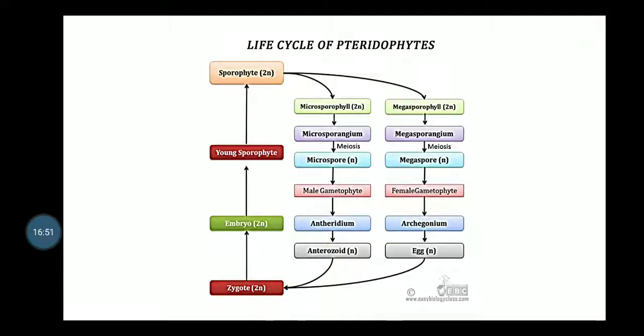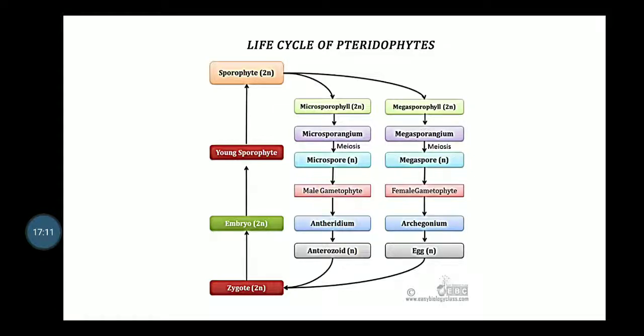From the megaspore, female gametophytes are produced, and from the microspore, male gametophytes are produced. Female gametophyte produces archegonium, and male gametophyte produces antheridium, the male structure.